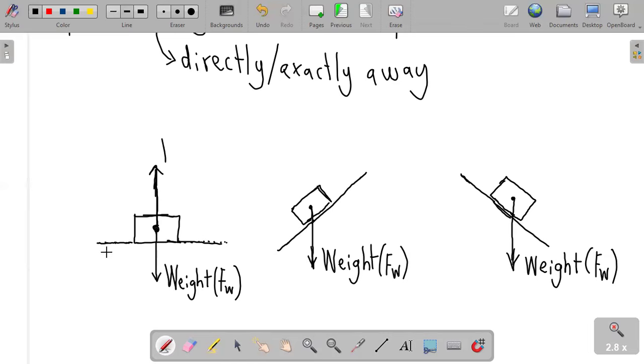So it's exactly away from the surface. This is the normal force here, the one that's going up, perpendicular to the surface.